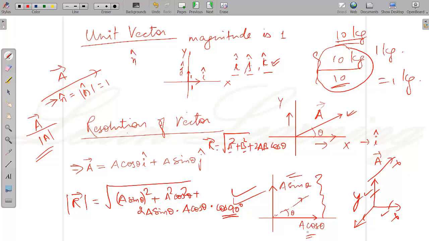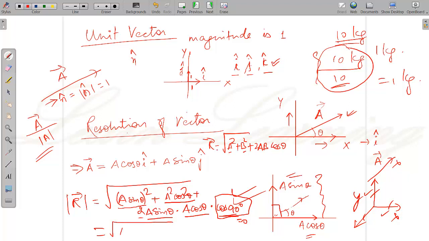What is the first vector here? The first vector is a cos theta or a sin theta, you can take either. So a sin theta whole square, plus the second vector a cos theta squared, plus 2 into the first vector into the second vector into cos of the angle between them. The angle between them is 90, and cos 90 is equal to 0, so the only terms left are a square sin square theta plus a square cos square theta.